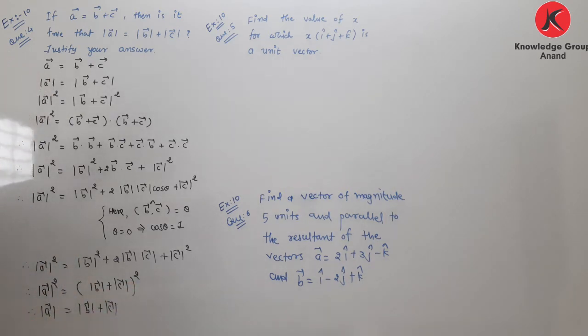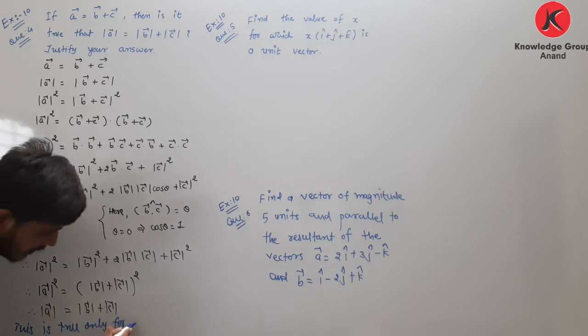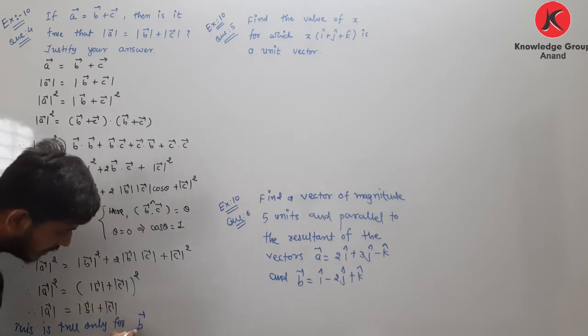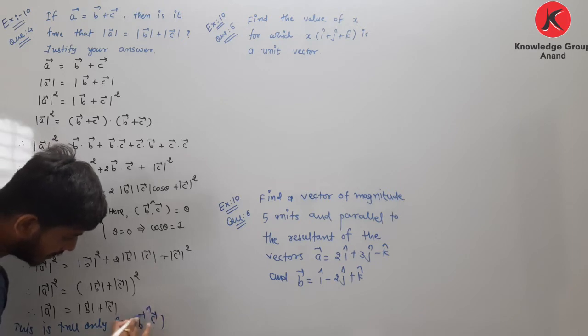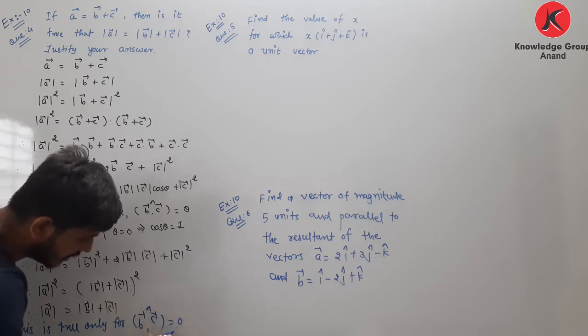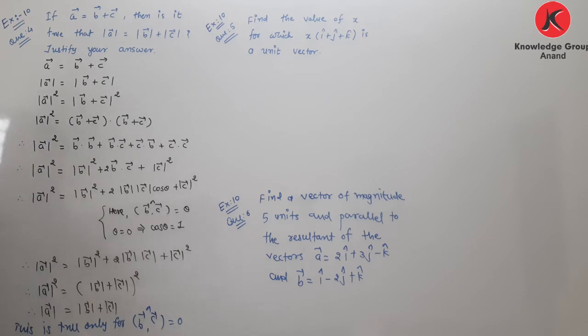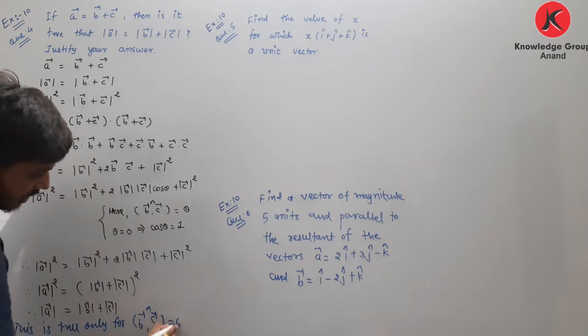Okay. Therefore, we can say that it is true only if the angle between vector B and C equals 0. So this statement is true only for vector B and C with angle theta equal to 0.